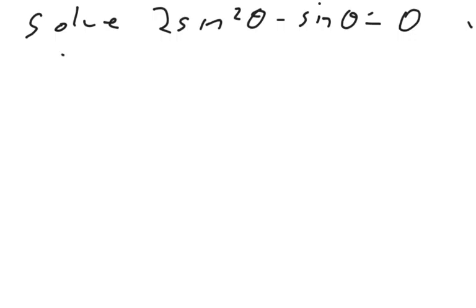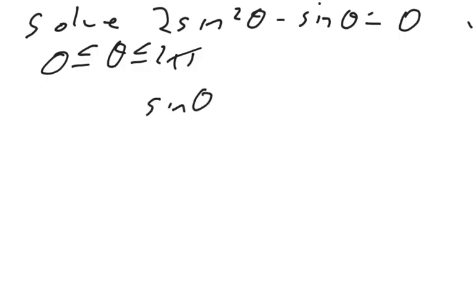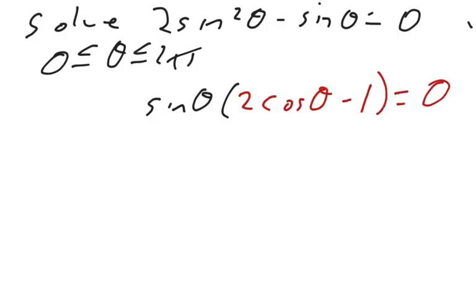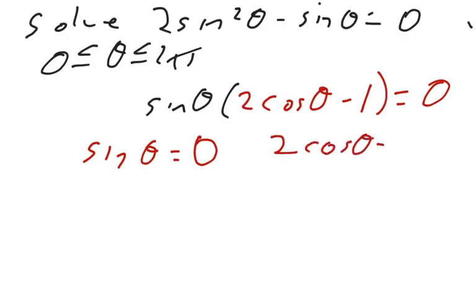Alright, for this one we're going to solve between 0 and 2 pi. We got 2 sine squared theta minus sine theta. So I'm going to factor out a sine theta, since that's what they have in common. And we have 2 cosine theta minus 1 equals 0. So I set them each equal to 0.